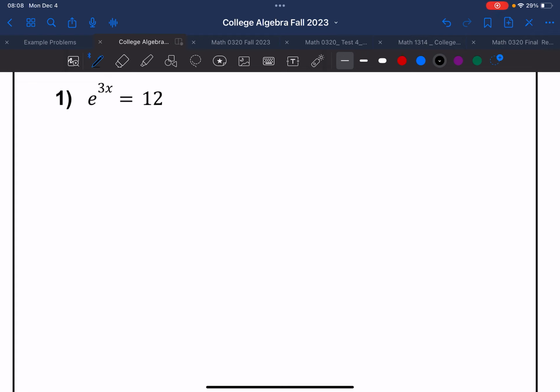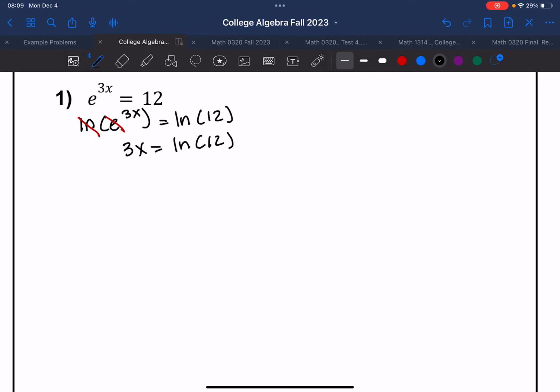So I'm going to take the natural log of both sides. Notice how I put each of those in parentheses, because I'm taking the natural log of it. The natural log and the e are going to cancel. So we're going to be left with 3x is equal to the natural log of 12.